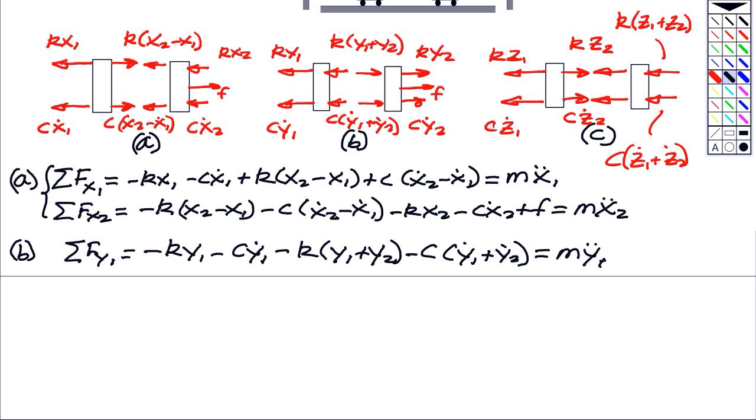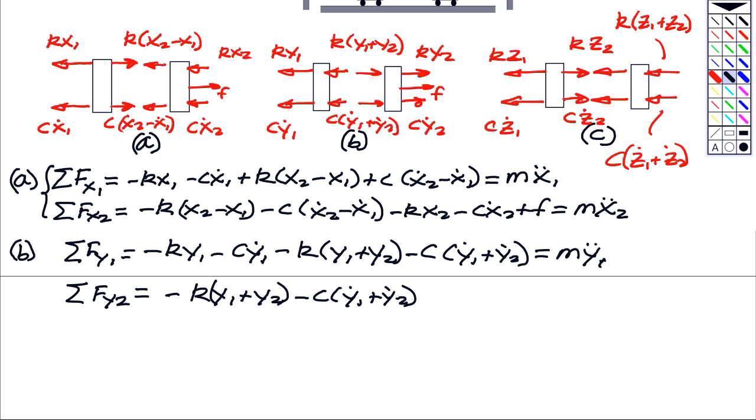The second equation, there's some forces in y2. Keep in mind that y2 is positive to the left. So that's going to be a minus k times y1 plus y2. There'll be a minus c times y1 dot plus y2 dot, like this.